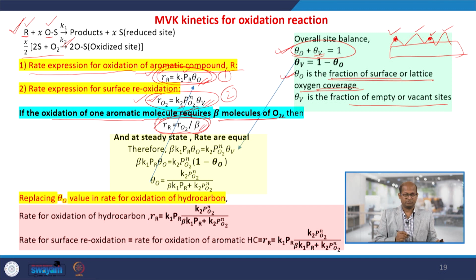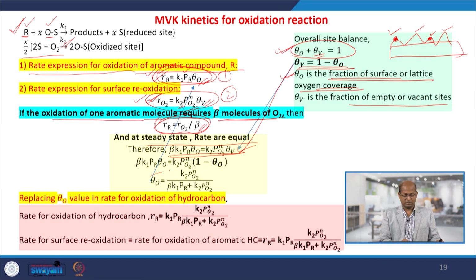So, we have to express beta, the relative rates, and put the beta component here. Then at steady state the rates are equal. So we substitute these rates here, both rates are equal, and after rearranging, we substitute theta v in terms of 1 minus theta 0.